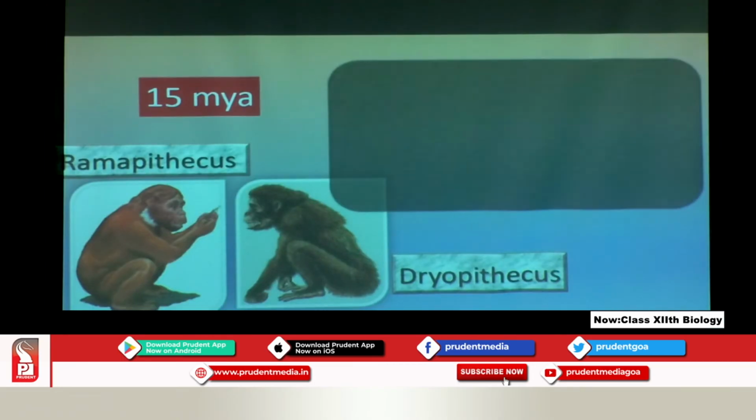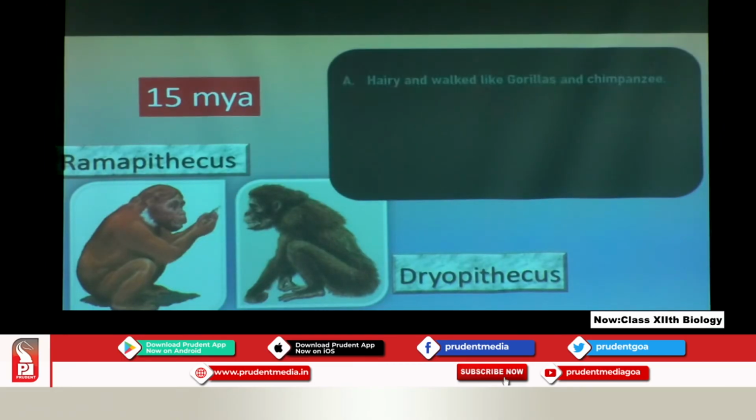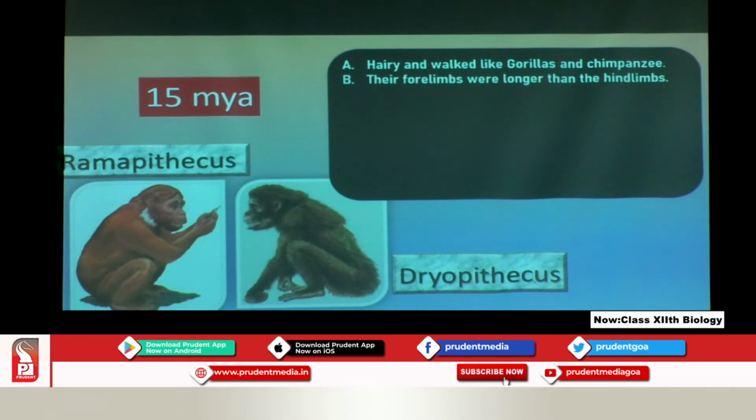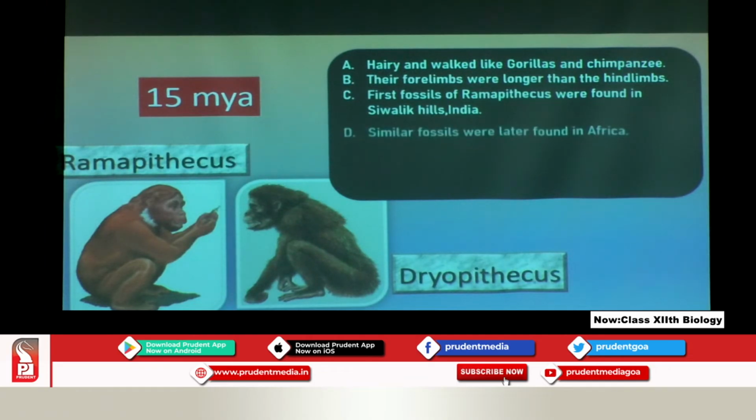The similarity between both is both were hairy, both walked like gorillas and chimpanzees. How do gorillas walk? On the knuckles like this. And then other features, forelimbs were longer than the hind limbs. Fossils of Ramapithecus, as I told you, were found in the Shivalik hills in India. Similar fossils were later found in Africa.